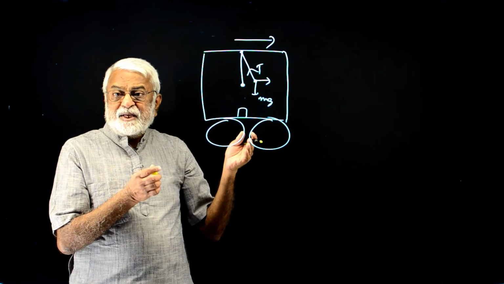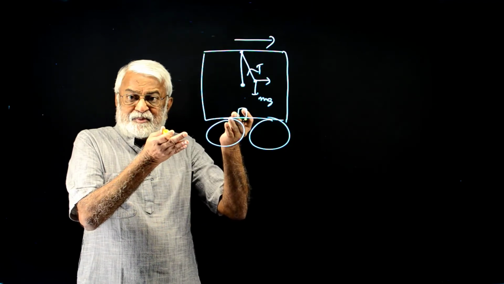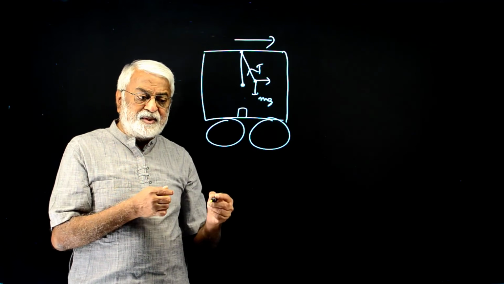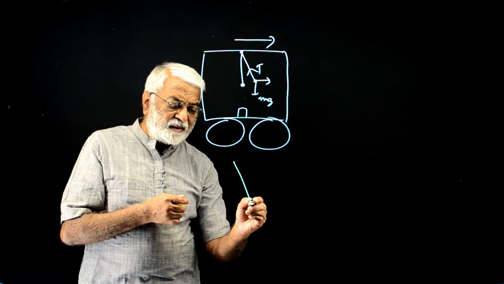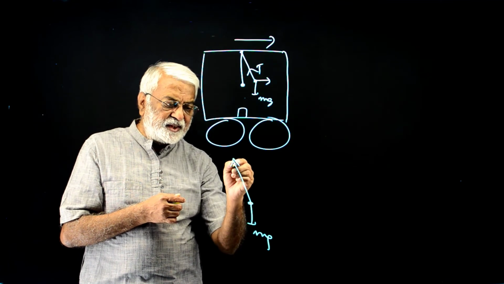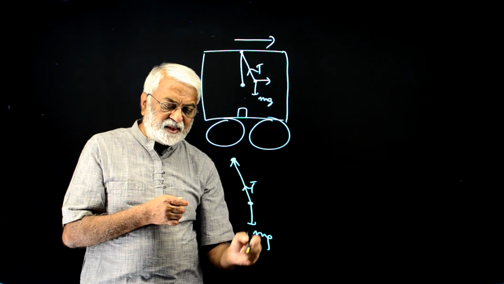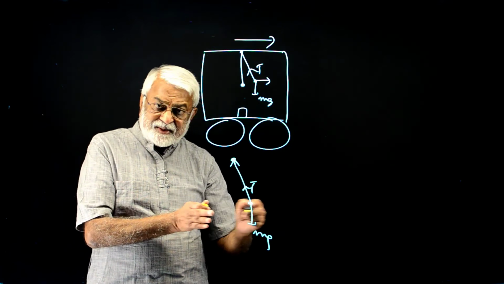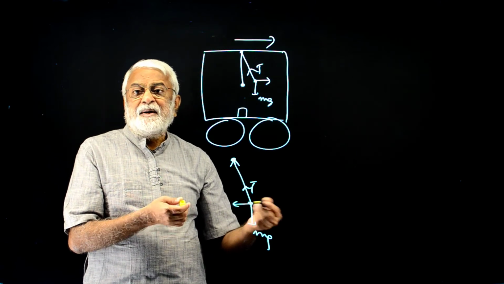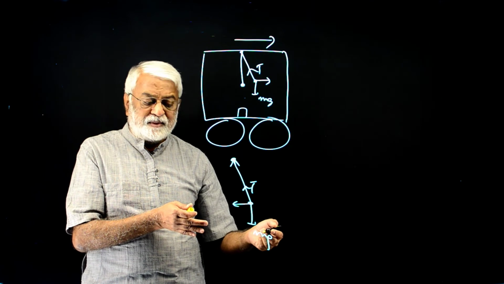Now again, that cannot be explained in terms of what is happening inside the truck. The ground observer would say it stays at an angle because there is a tension T here, there is mg here, and when it has eventually come to rest, the resultant of these two will be equal to m r omega squared.